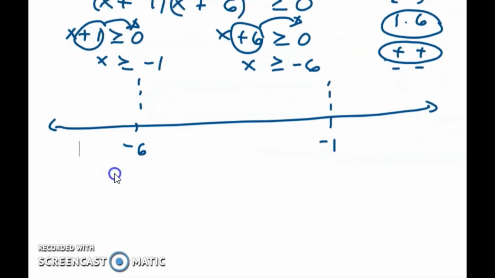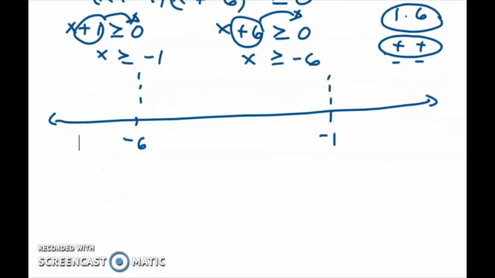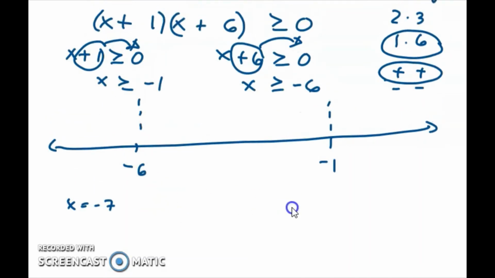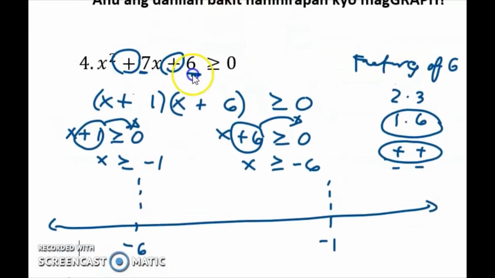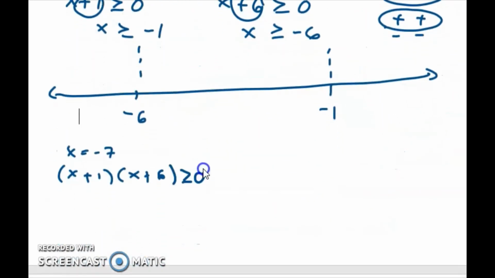So, kuha tayo ng points na nasa kaliwa ni negative 6. Kunin natin si x is equal to negative 7. So, kapag ba si negative 7 ang kinuha natin, dito na tayo mag-substitute ha. X plus 1 times x plus 6 is greater than or equal to 0. Pwede na dito, pwede din dito ha. Bahala kayo, pero pareho lang magiging sagot dyan.